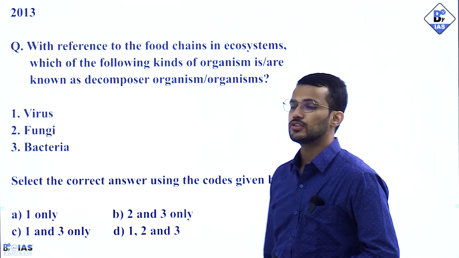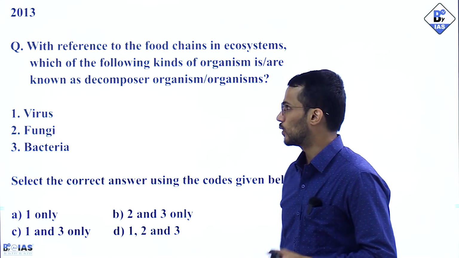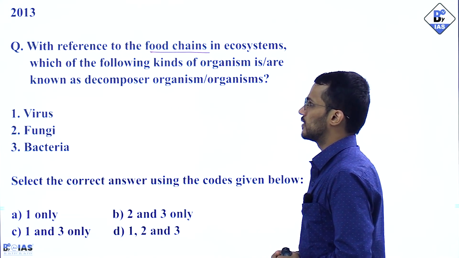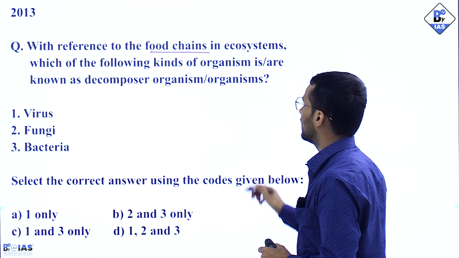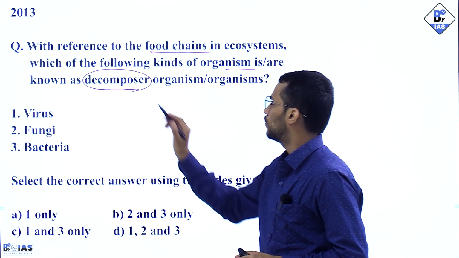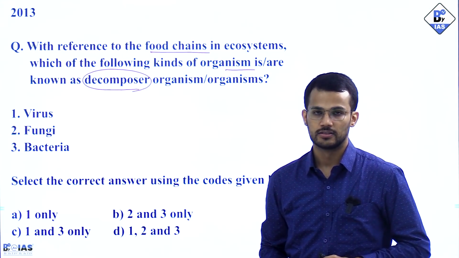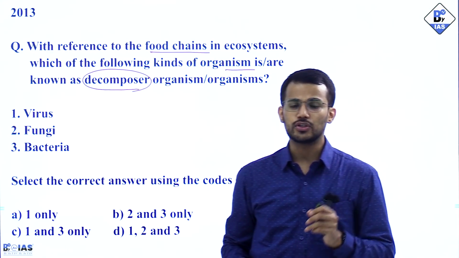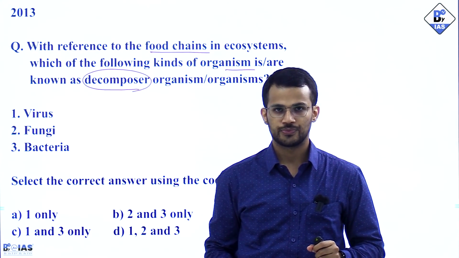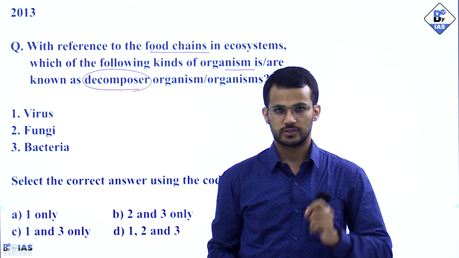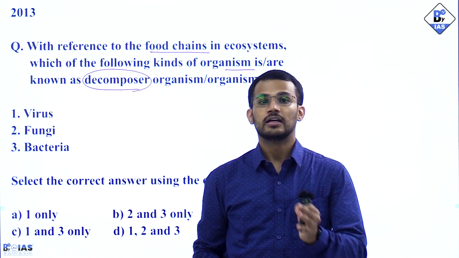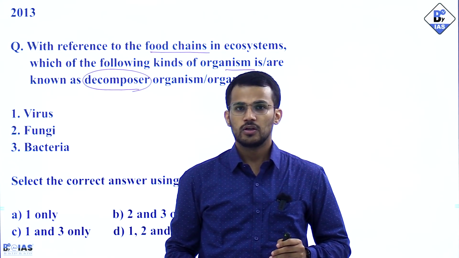The next question is from 2013, and the question is, with reference to the food chains in ecosystems, which of the following kinds of organisms are known as decomposer organisms? In nature, there are three types of organisms. First is producers, second is consumers, and third is decomposers.